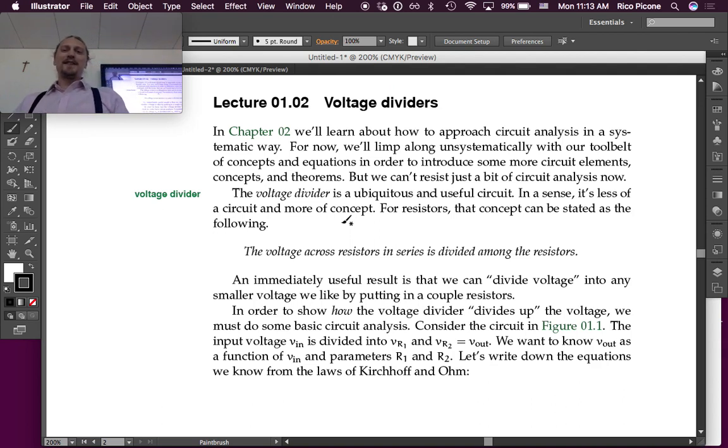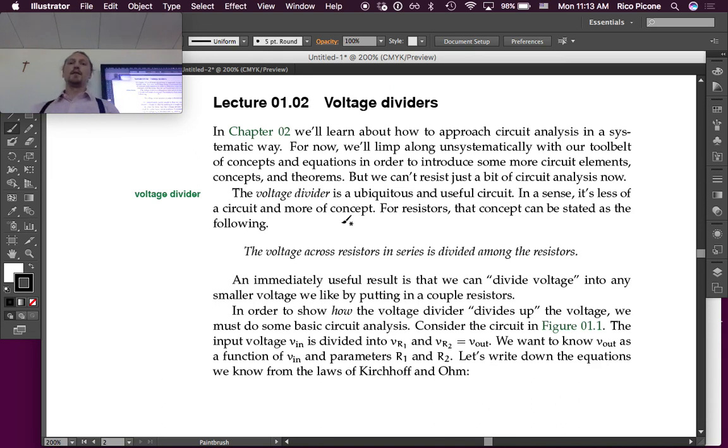So for resistors, that concept can be stated as follows. The voltage across resistors in series is divided among the resistors. You kind of knew that, I think, hopefully. But it's just an observation that we can make use of if we want to change the voltage that we have.